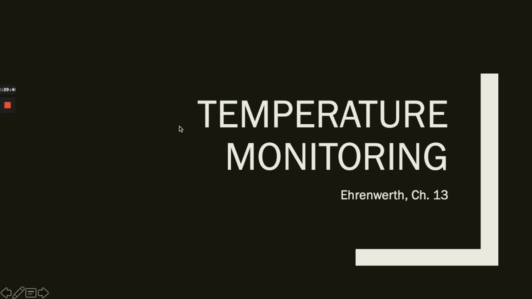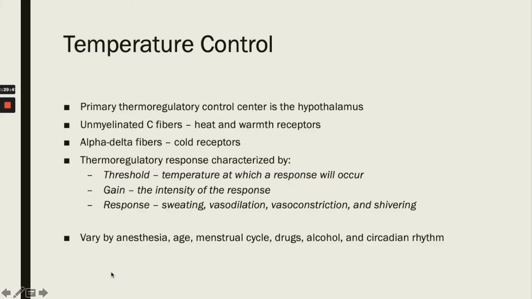Okay, so we're into temperature monitoring. Our primary thermoregulatory control center is at the hypothalamus, and unmyelinated C fibers carry our feelings of warmth and heat, and alpha delta fibers carry our feelings of cold sensations.